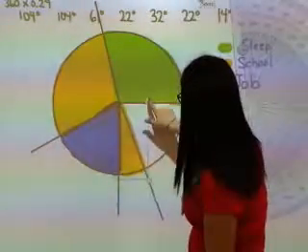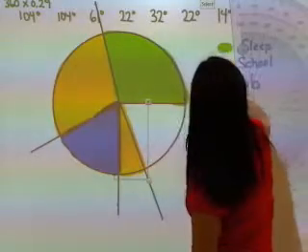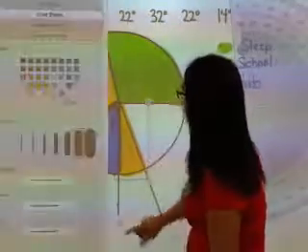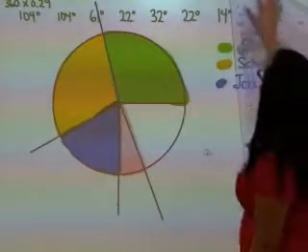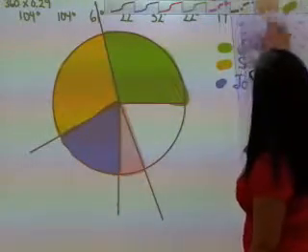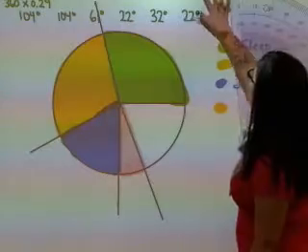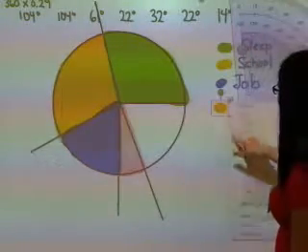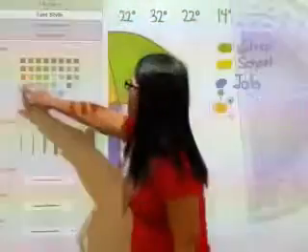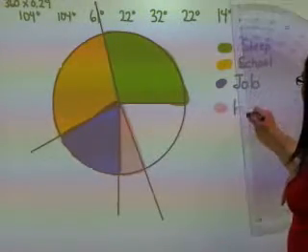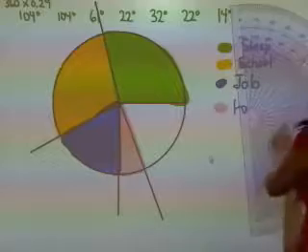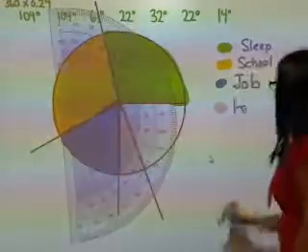Change my color. Pink. So there's my homework. So then again, I would have to make sure that that's homework. Oops. Move this out of the way so I can write in homework.